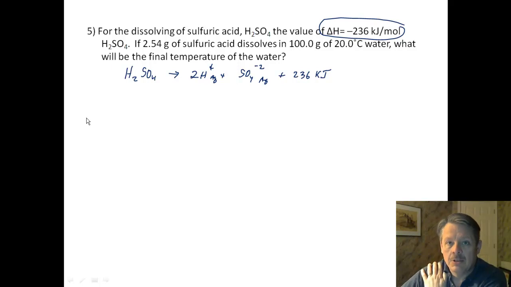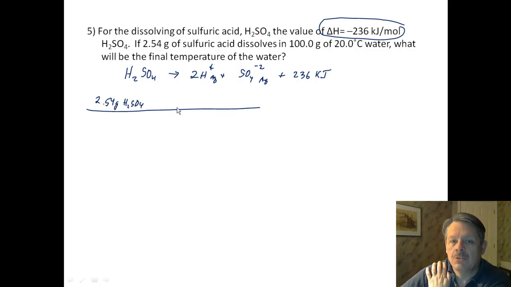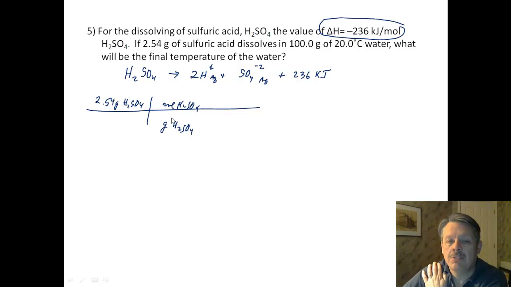Okay, so we do exactly what we just did last time. We start with 2.54 grams of sulfuric acid. We have to convert that to moles of sulfuric acid. So we have to get rid of grams of H2SO4 and go to moles of H2SO4, because we have to figure out how much energy this is generating. And we figure out that sulfuric acid weighs 98.076 grams in 1 mole. But we're not done, because we want to know how much energy this gives us.